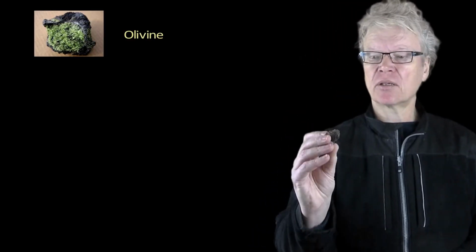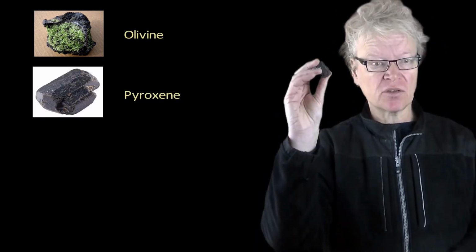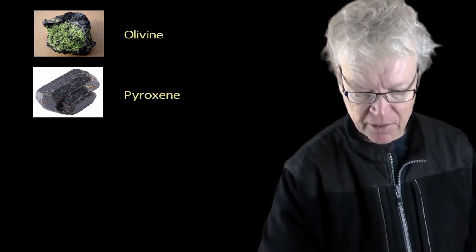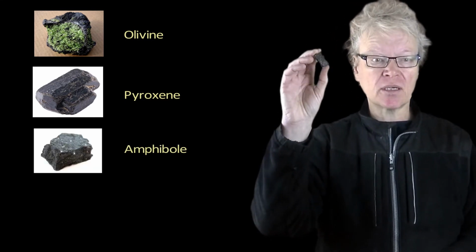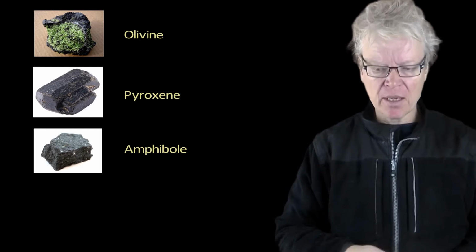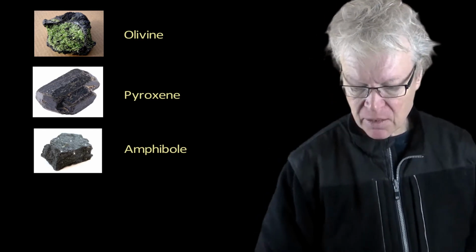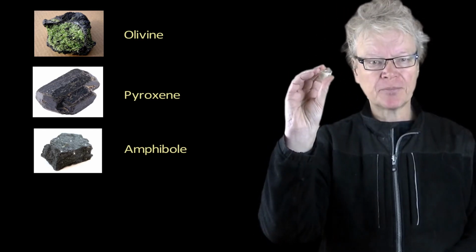Let's have a look at another collection of rock-forming minerals. Let's say we have this one called olivine. It's got a nice sort of greeny colour to it. We have something called pyroxene, which is this sort of blacky one. We have another one called amphibole, which is a black one. All right, and we'll have some small amount of this feldspar.